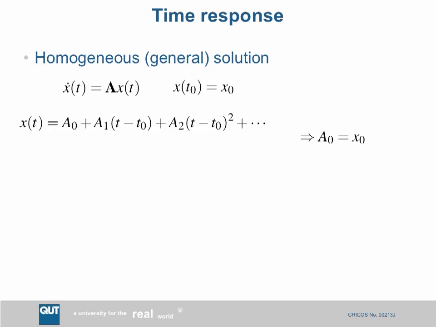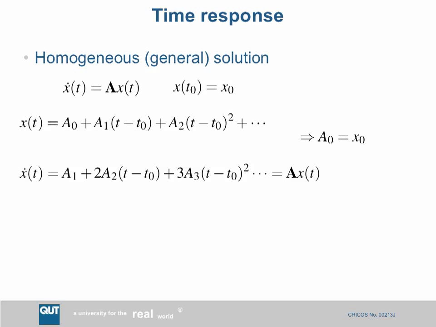Now, I'm going to say x dot, and I just take the derivative of the Taylor series, and that's pretty easy to do. a0 goes away, and all I've done is compute the derivative of the Taylor series on the line above it. Now we know that x dot is equal to Ax, because that's one of the equations we've got right at the top. So I can put that in there. And now, doing the same trick as before, when t equals t0, all the terms in the brackets disappear, and I can say that a1 is equal to A times x0.